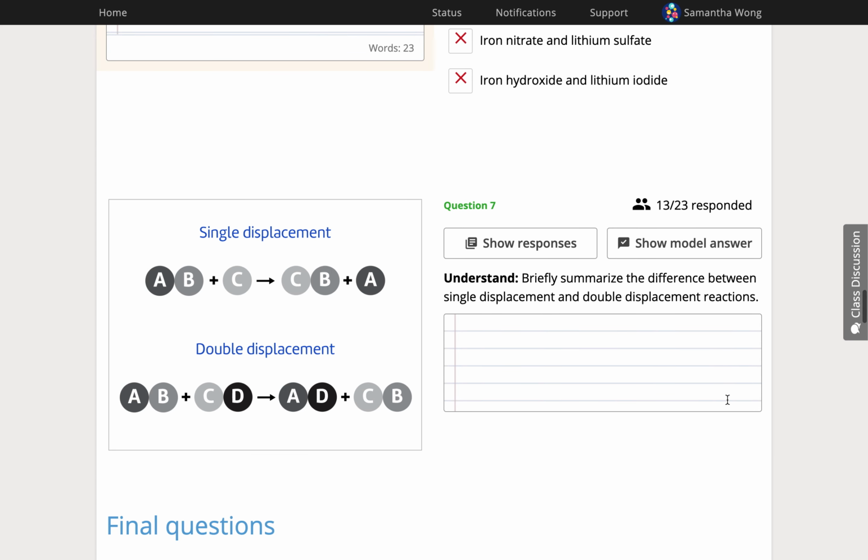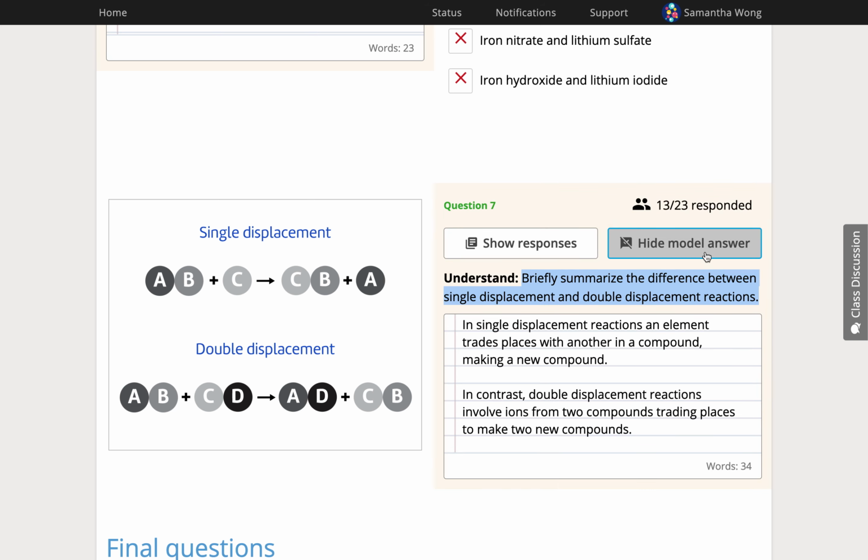Now, question 7. You are asked to briefly summarize the difference between single displacement and double displacement reactions. So, with a single displacement reaction, what we can see here is that one of the ions swap over. So, in a single displacement reaction, an element trades place with another in a compound, making a new compound.